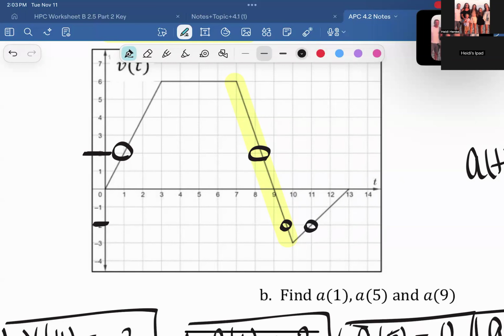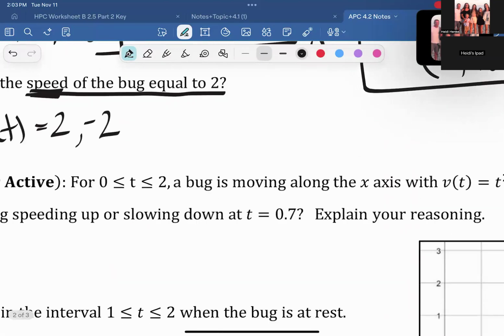So I've got 4 spots where the speed would be 2, because these 2 spots are where velocity is positive 2. These 2 spots are where velocity is negative 2. So I'm just going to list those 4 x's, which I'm going to estimate. Well, it's obviously 1. I'm going to say that 1 is like 8.3. And then on the bottom, we've got 11, which is right on the intersection. And then I'm thinking about 9.6.